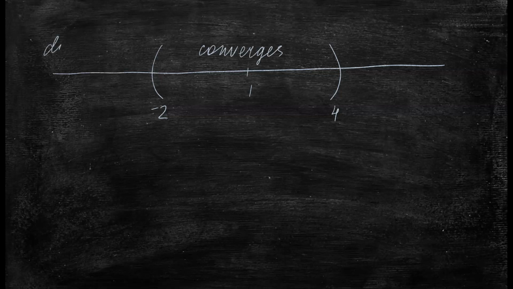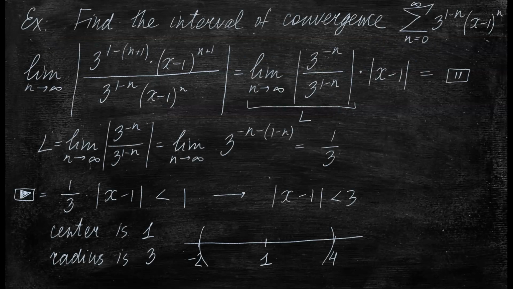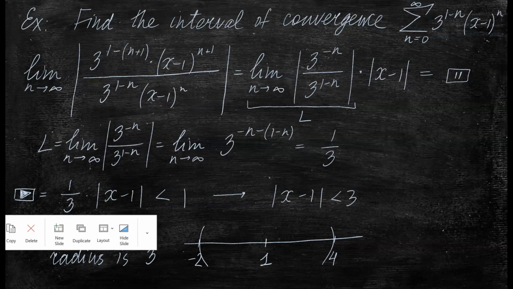We know that the series diverges here and here. What we don't know is whether it converges or diverges at -2 and 4. Why is that so? Because when x is equal to -2 or 4, we get the entire limit equal to 1. And therefore the ratio test is inconclusive.